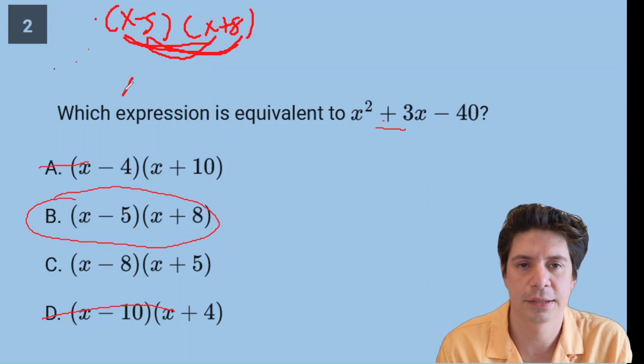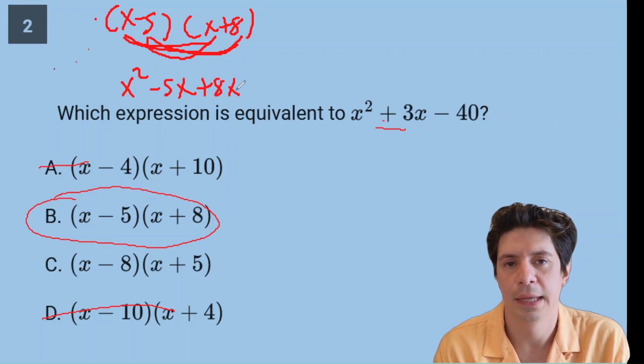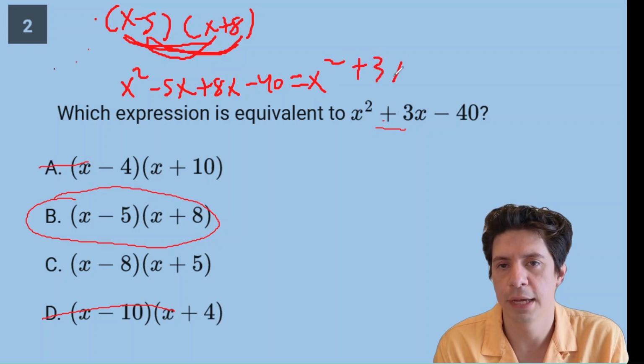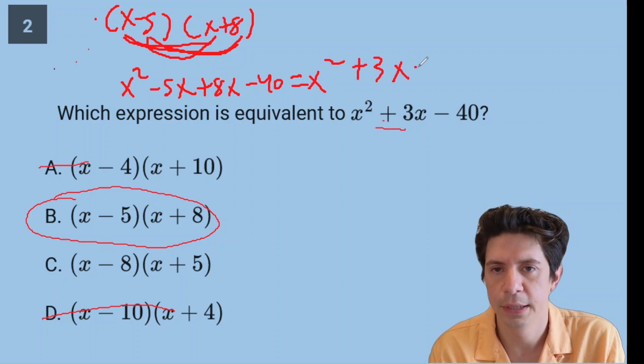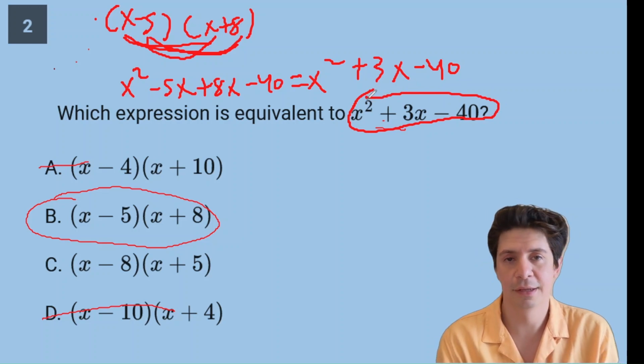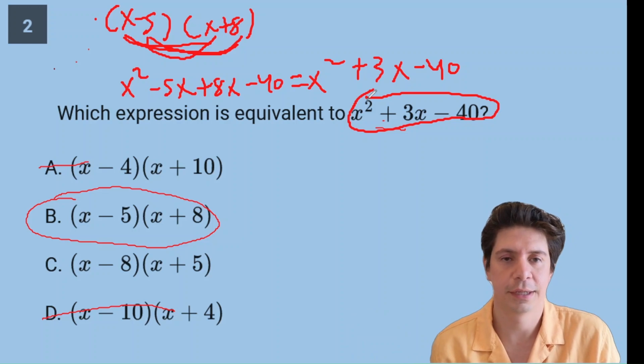So x times x is x squared, negative 5 times x is negative 5x, 8 times x is 8x, and then negative 5 times 8 is negative 40, and that gets us x squared plus 3x minus 40, which is exactly what we want, right? So that's one way you can do it. I think that's the best method, fastest, easiest, no frills method, right?